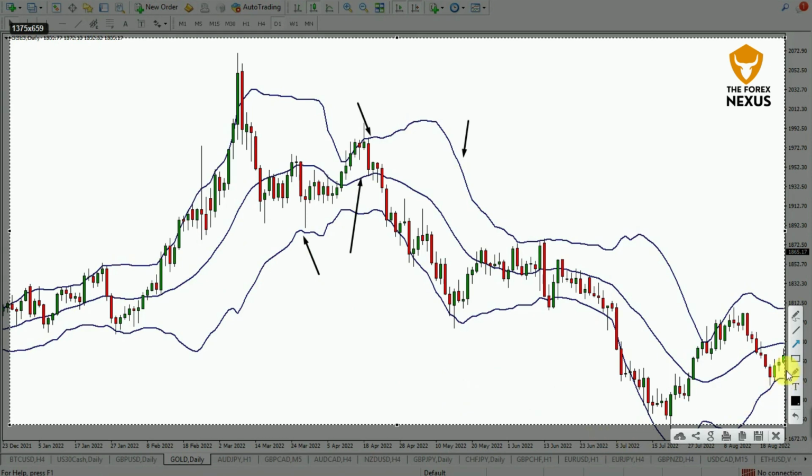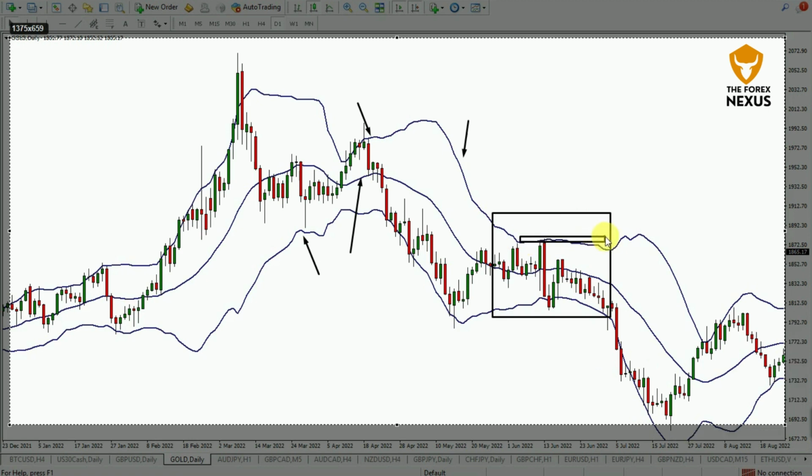Now there are 2 types of Bollinger Band. This is Bollinger Band flat, a ranging area, when the upper band and the lower band are flat, including the middle band. It means the market has no decision to go upside or downside.